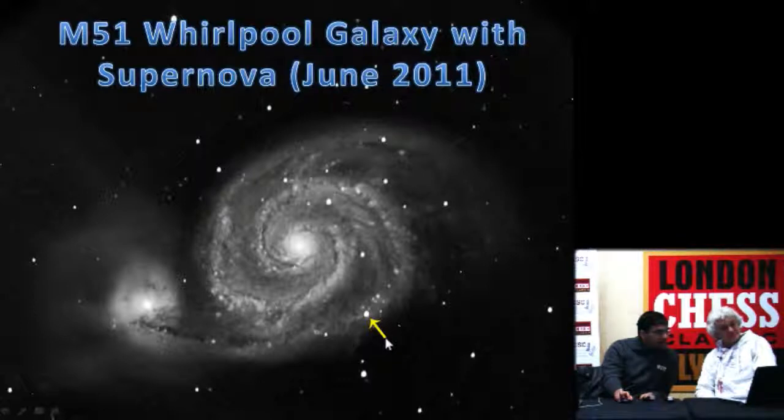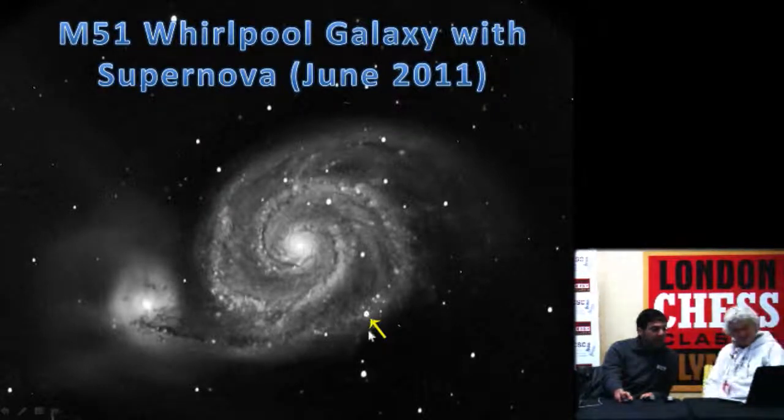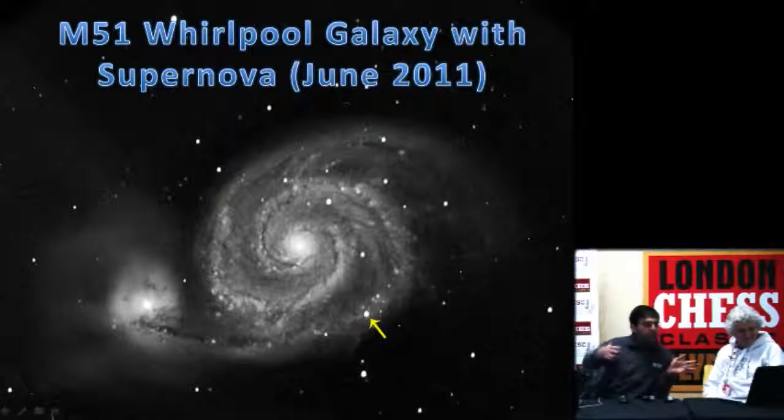And yeah, so this is the Whirlpool, with the supernova explosion. I think John also explained that when you have these huge gas clouds, nebulae, and a star explodes as a supernova, the shock waves can start the compression of neighboring clouds.